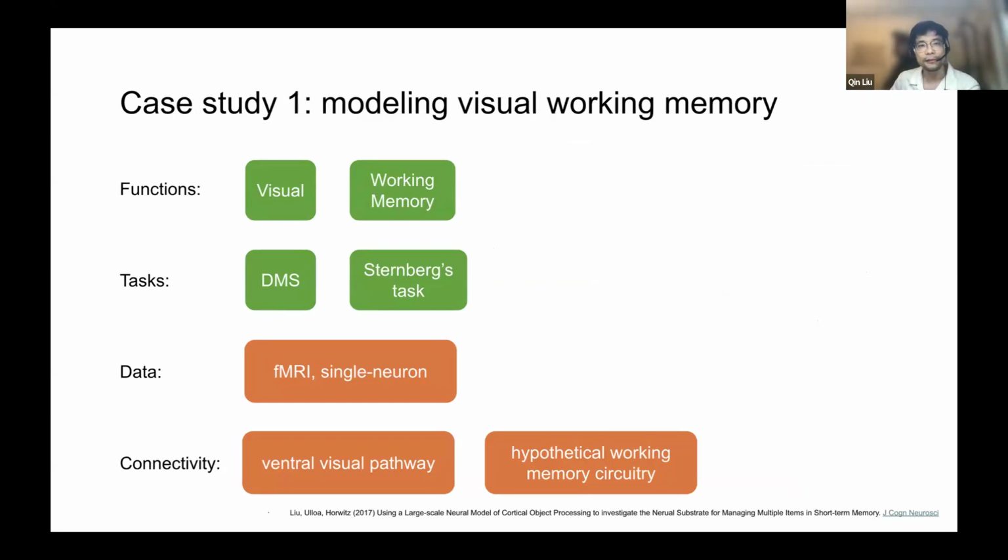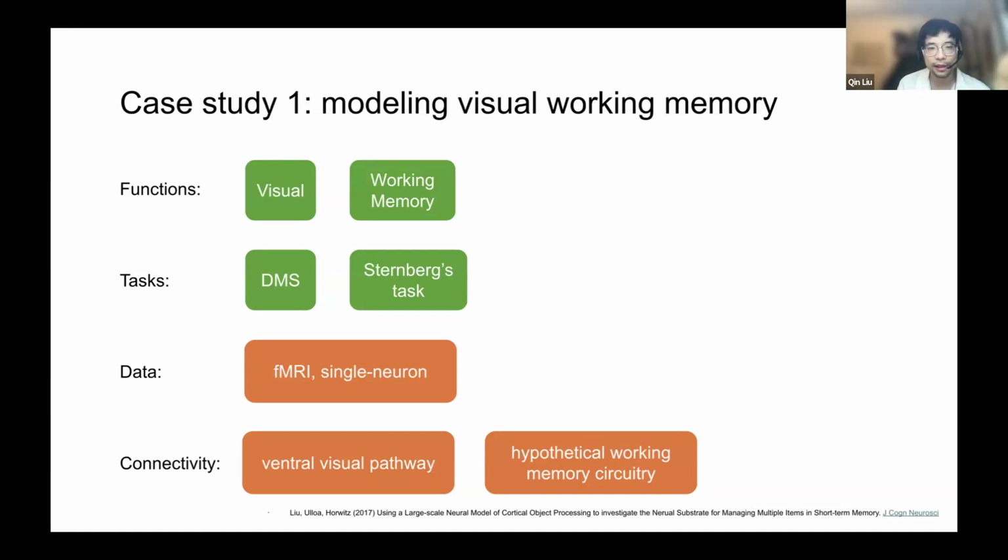The functions I am interested in here are visual processing and working memory. And then the tasks I chose are delayed match to sample tasks and Sternberg's memory load task. If you still remember, these are two tasks that are designed for testing working memory or short-term memory.